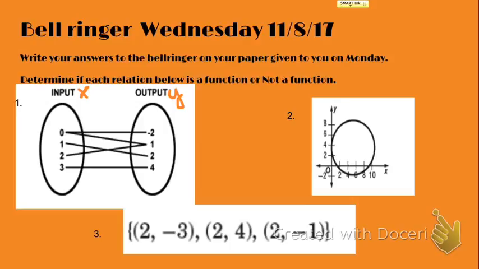Well, I see that 0 is going to 2, -2, and 0 is going to 1. So that means that this input has more than one output. So this automatically makes number one not a function.